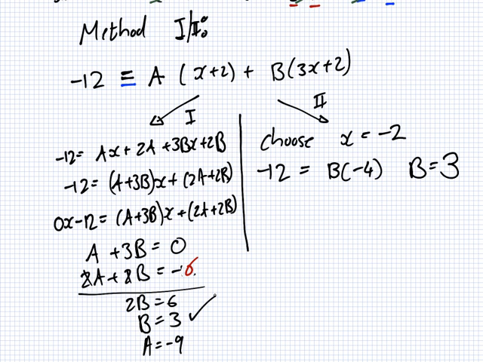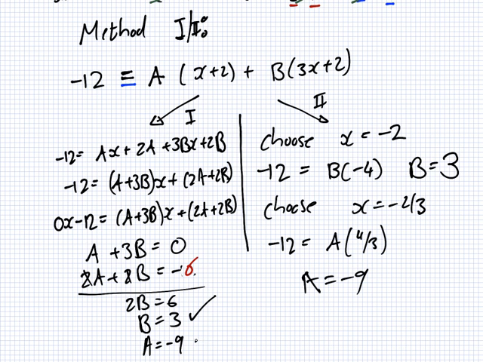Well, hello, it's the same. And if I choose x equal to minus 2 over 3, then I get minus 12 equals a times, let's see, 4 over 3 plus 0. 36 over 4 is 9. A equals minus 9. The same.